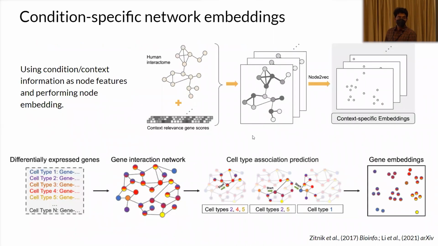What if you don't have one network per context to begin with? What we are exploring now, and are wrapping up, is work where we assume that we have a single network. Context information comes from the fact that we have some score for every single node that has been produced experimentally. For example, you can think of this as a bulk or single cell RNA-seq profile.